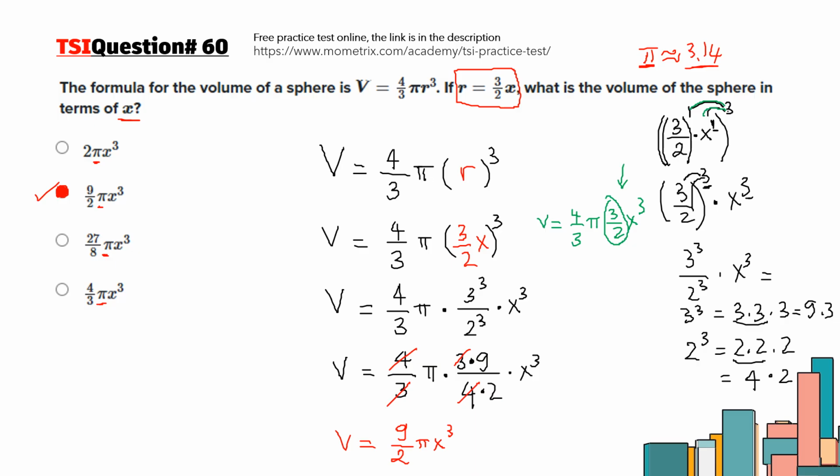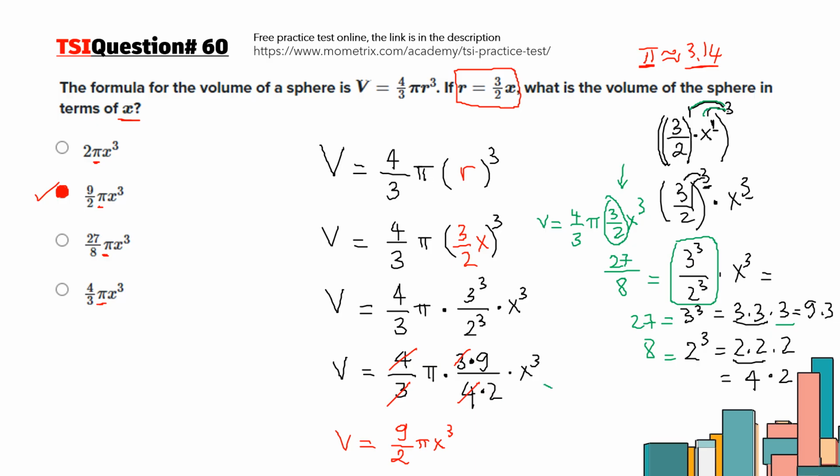And also at this step, when you write down the 3 over 2 cubed, usually you can just calculate it. 3 times 3 is 9, times 3 is 27, so we have 27. And this one equals 8. If we do it like that, we have to simplify it later as well, but you can do that.